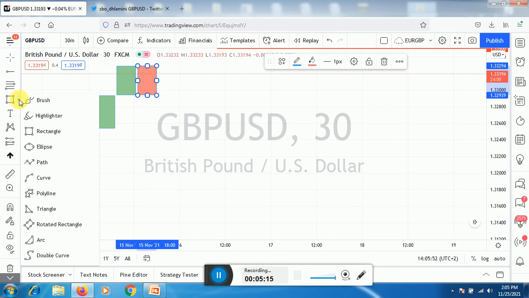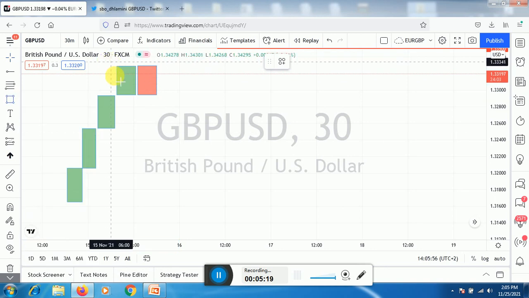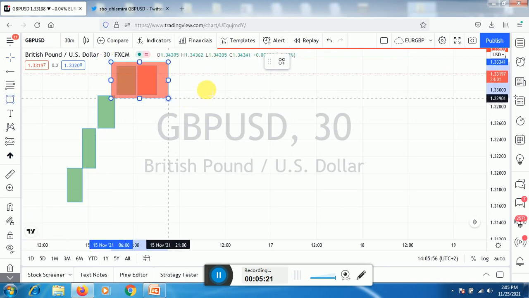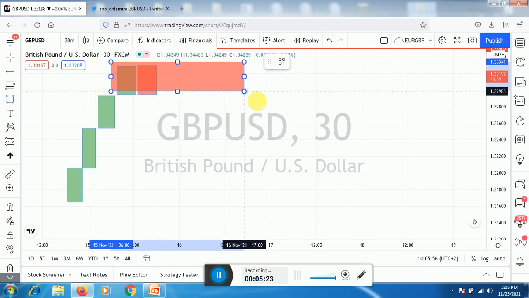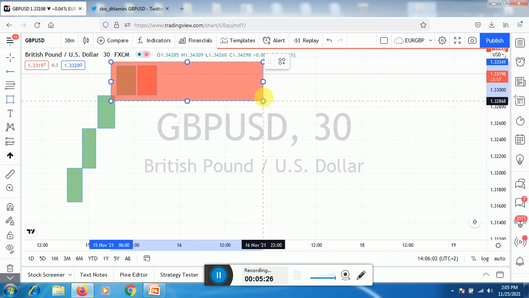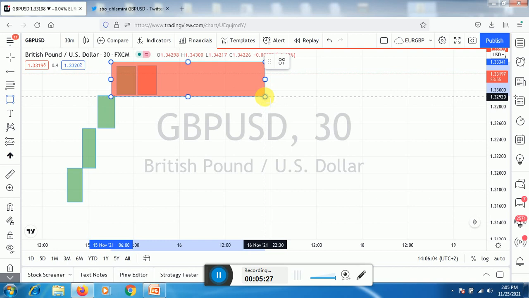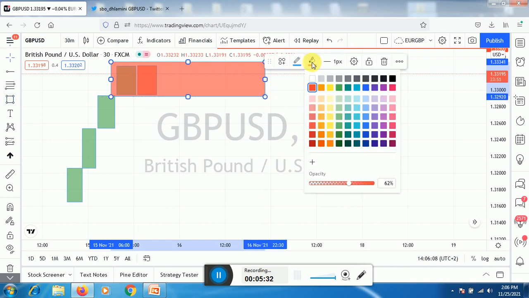We create a zone on this. You create a zone on the high and low of the bullish candle.